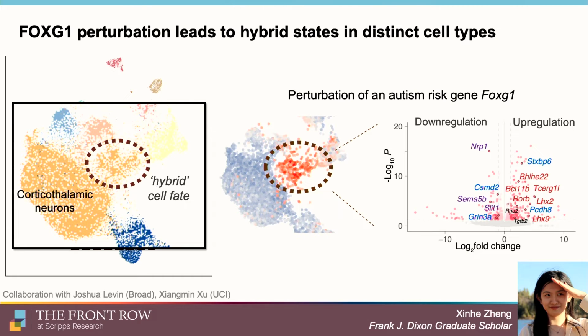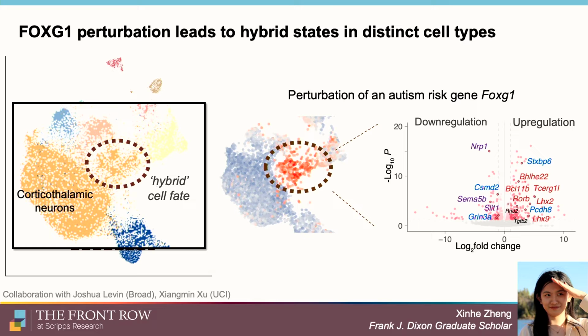And here, what we can do is to compare with and without this perturbation, what are the genes that are upregulated, showing on the right, and what are the downregulated. And it's interesting to see that the loss of function of this gene FOXG1 leads to confused cell states, but also the upregulation of many other genes and transcription factors that actually suggest an alternative cell fate choice.